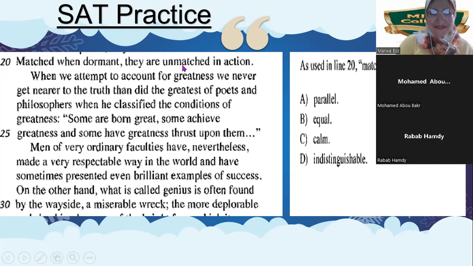Yeah, very nice. Matched, the same, equal and unequal. Yes, I can see the prefix here directly gives you the positive, negative meaning to get the answer. Would you like to add something, Mr. Muhammad? No, it's the same answer. The same strategy? Yes.